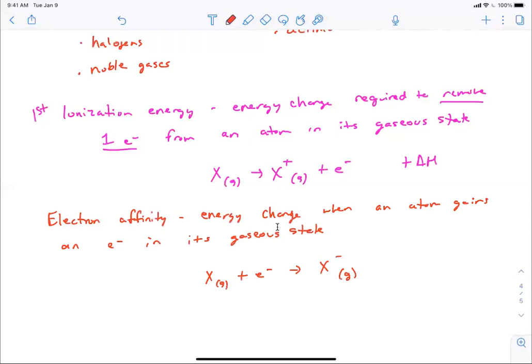But when you look at your data booklet, these aren't always negative. They don't always release energy when you add an electron. So be careful about that and don't assume it's always exothermic. The value of the electron affinity varies from species to species. Sometimes it's positive, sometimes it's negative.